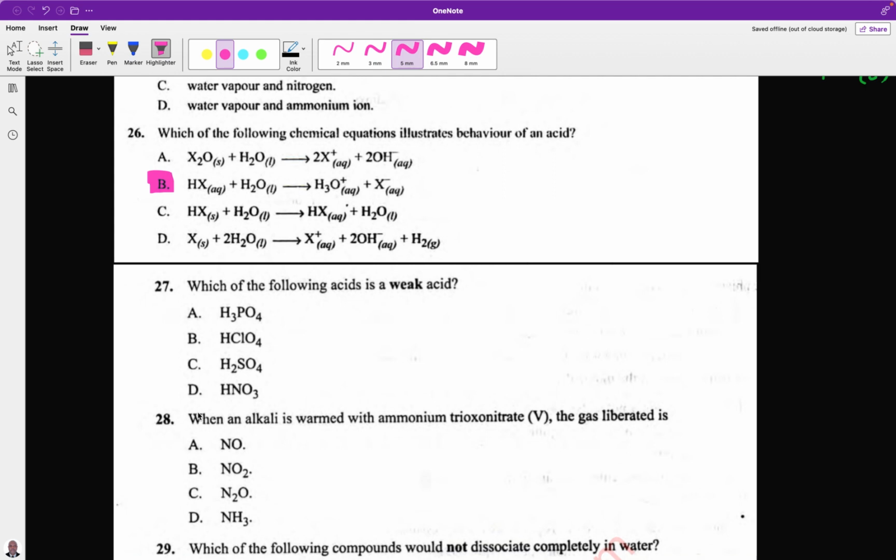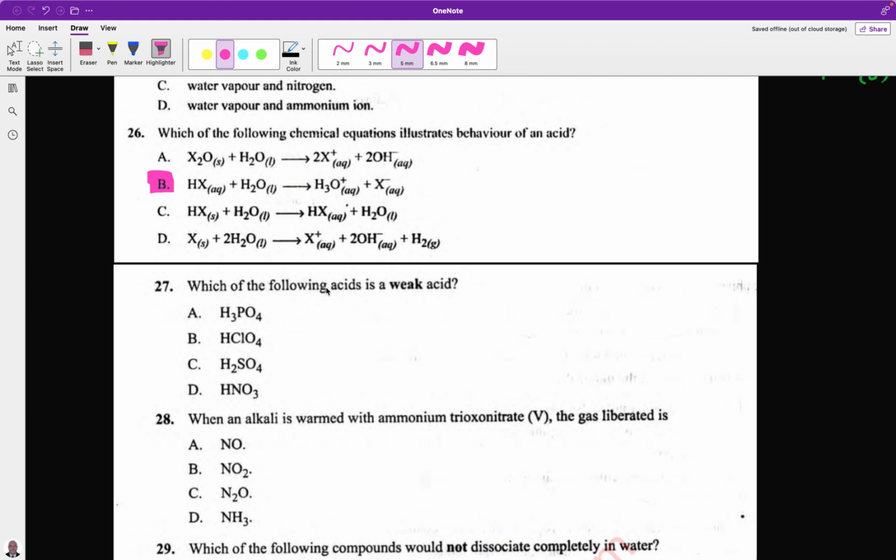Which of the following acids is a weak acid? Question number 27. Which of the following is a weak acid? Remember, fellow learners, that a strong acid will dissociate completely. A weak acid will not dissociate completely. They will partially dissociate, or they will partially ionize.